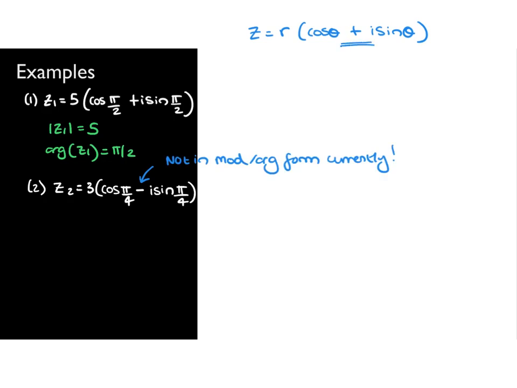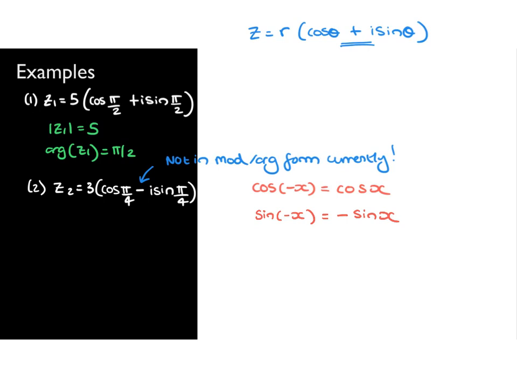There are loads of really nice ways of approaching this, but one way that we can do this is to remember that cos of negative x is exactly the same as cos of x. It's what we call an even function. Think about it, work it out in your calculator, look at the cosine graph. But sine of negative x is equal to negative sine x, because sine is what we call an odd function.